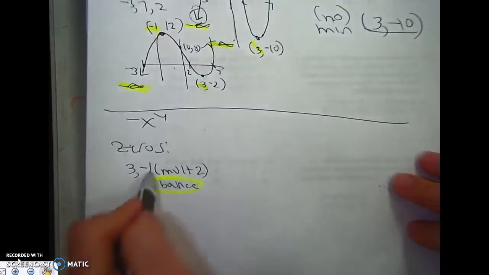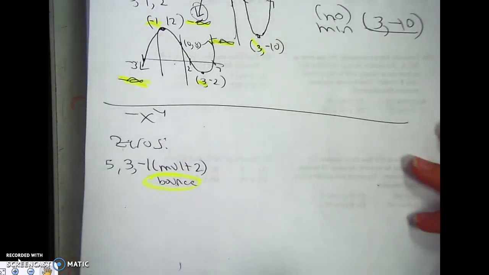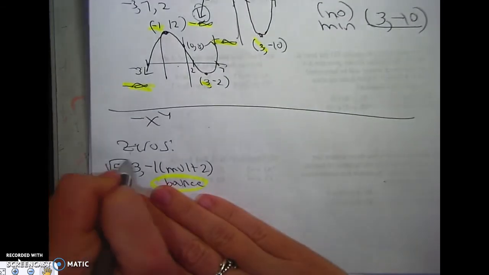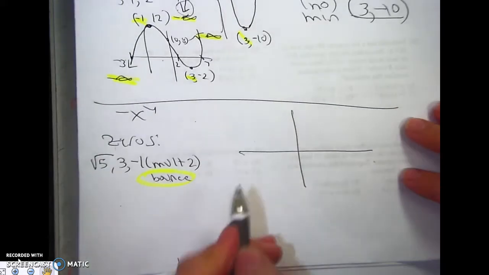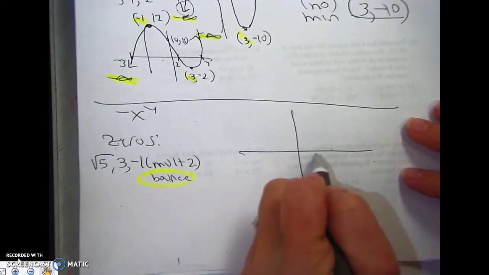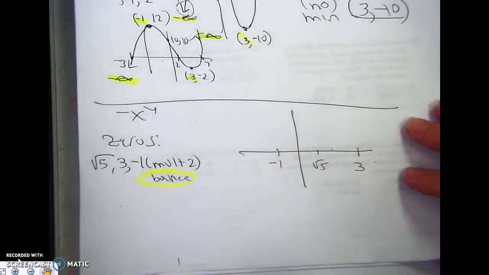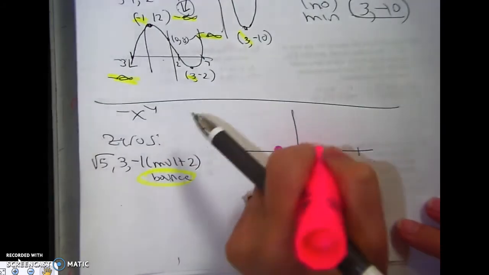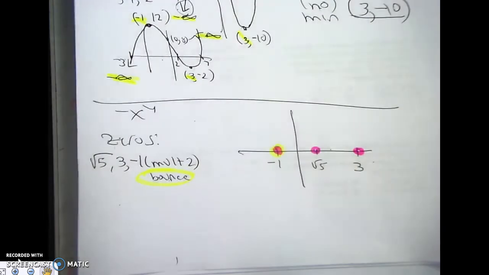And so that gives me 2 of them, and then let's say the other one is square root of 5, whatever. So if I'm going to rough sketch this, and I'm going to say there's rad 5, 3, and -1 with a bounce. Okay, and I'm just going to show that's my bounce.